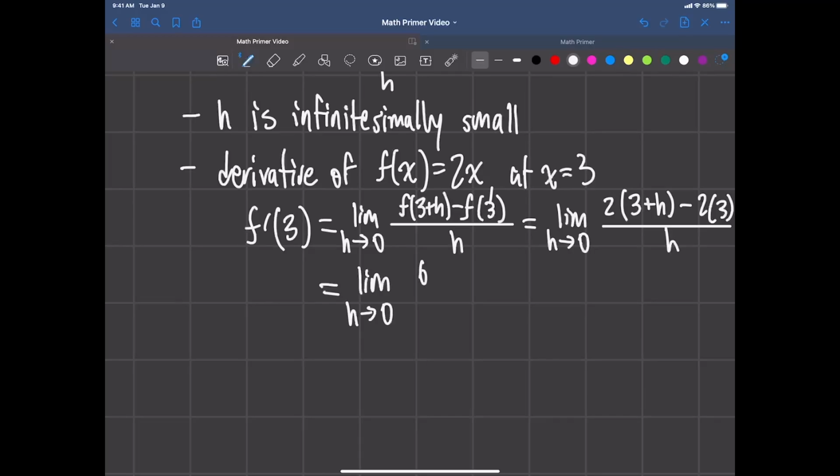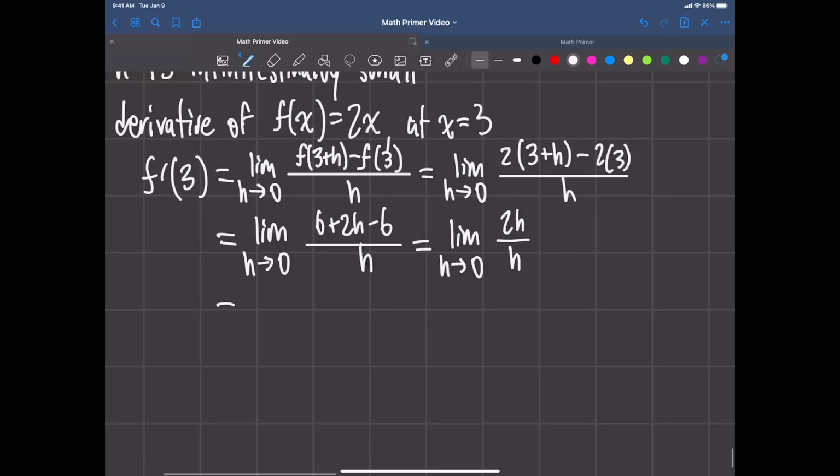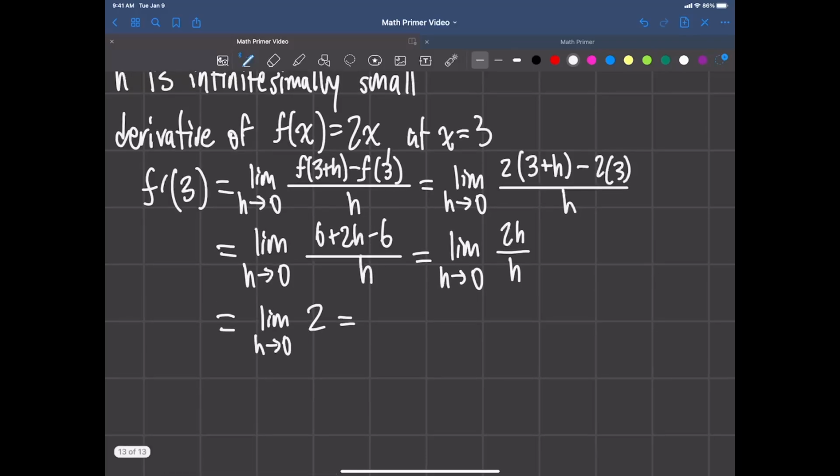Simplifying this down, we get 6 plus 2h minus 6 over h. We get 2h over h. And the limit of 2 as h approaches 0, since there's no h in this expression, we just say that the limit is 2. Thus, the derivative of f of x equals 2x at x equals 3 is 2.